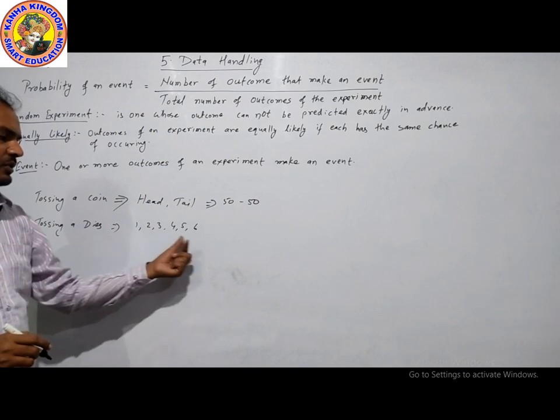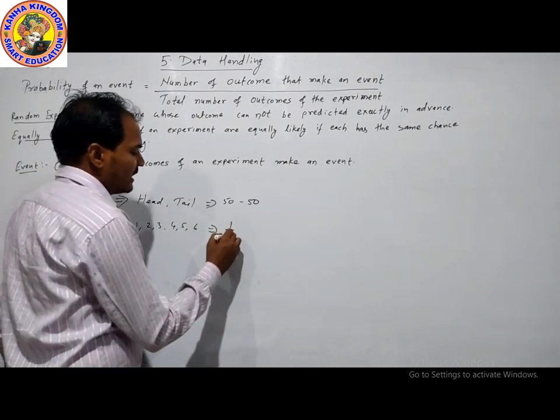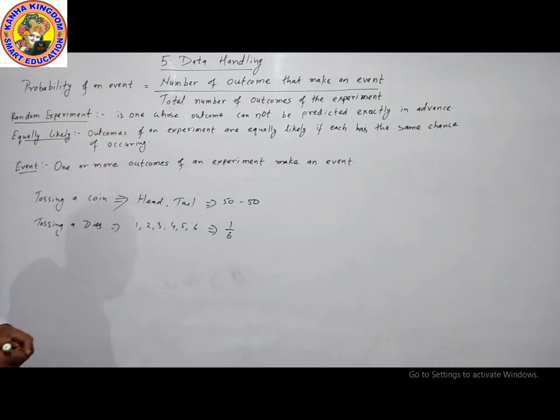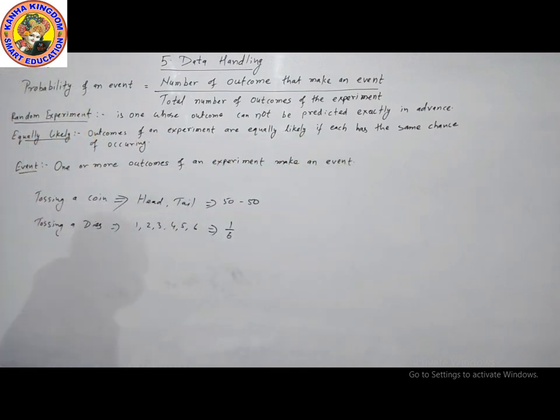In tossing a dice, the chance of each outcome is 1/6, so these events are equally likely. The outcomes of an experiment are equally likely if each has the same chance of occurring.